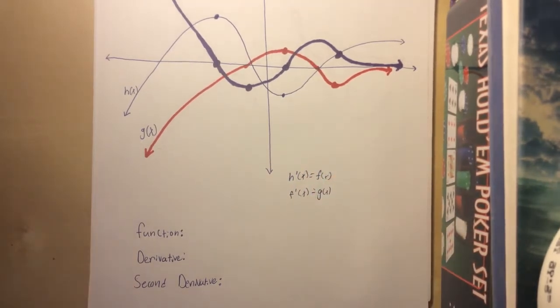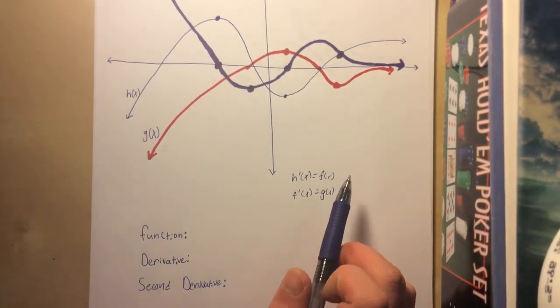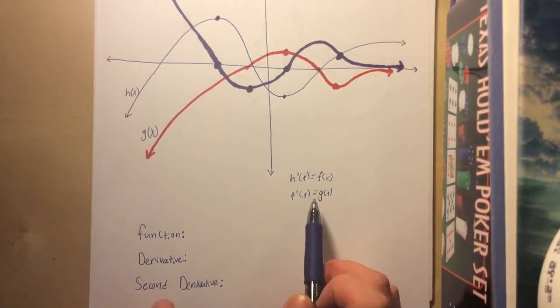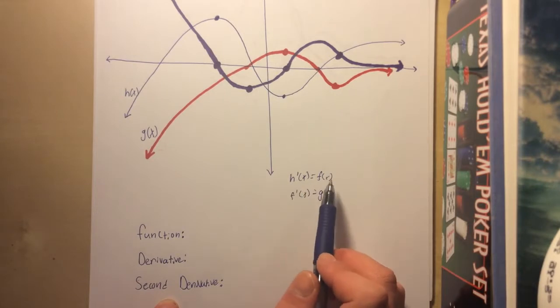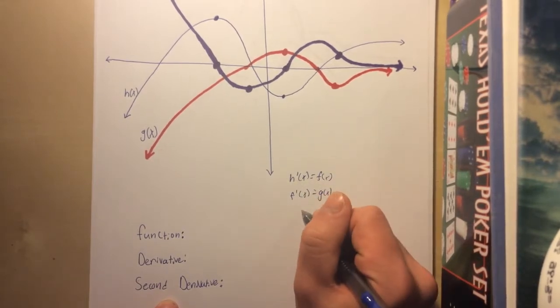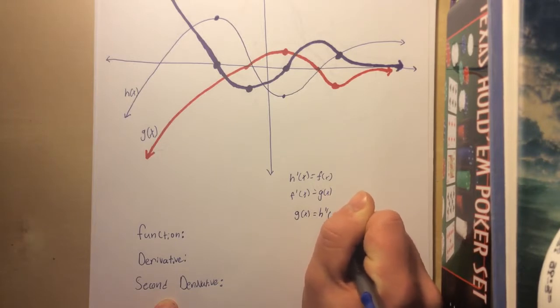At this point, lots of people mess up the relationship, figuring out which one's the function. Well, if the derivative of f is g and the derivative of h is f, then from there we can say that g of x is the second derivative of h of x.